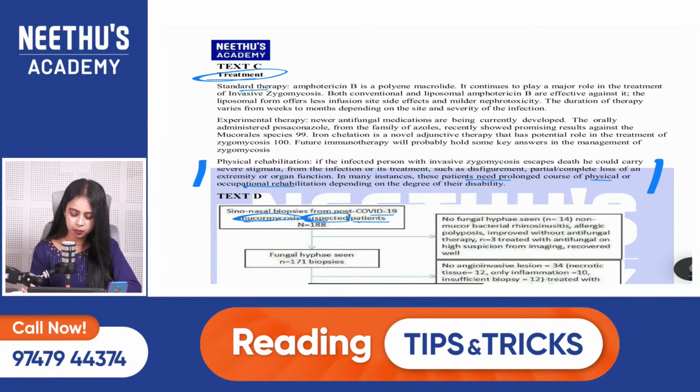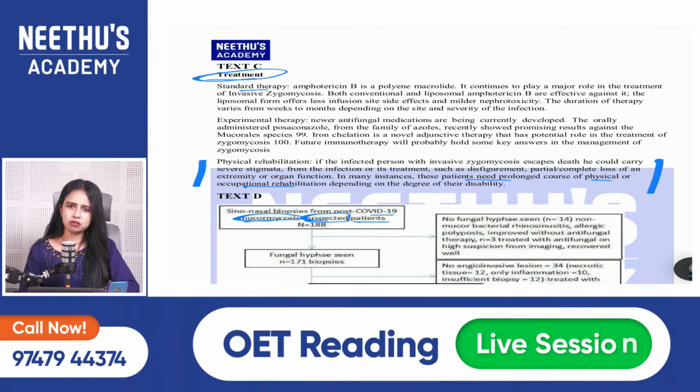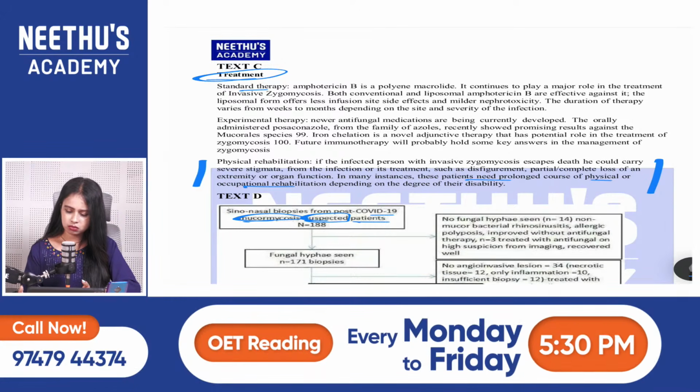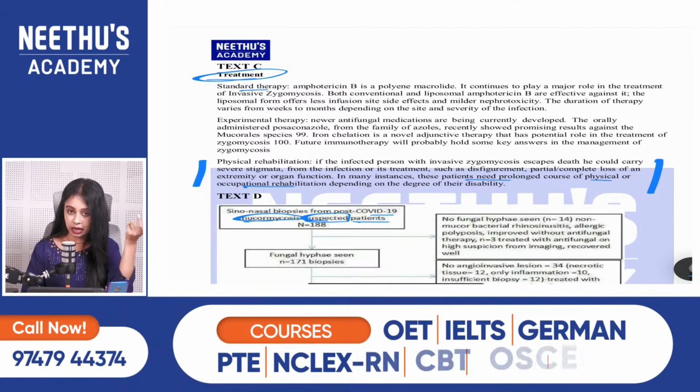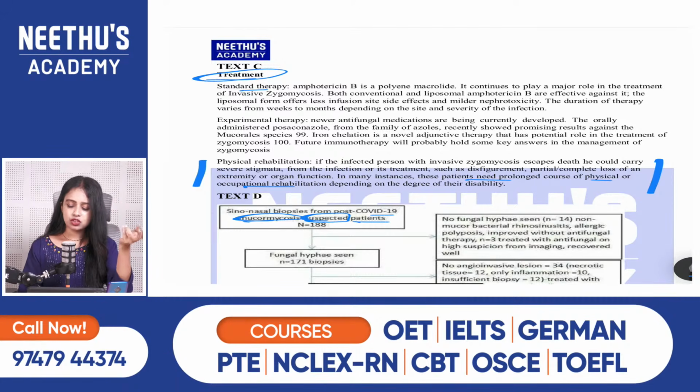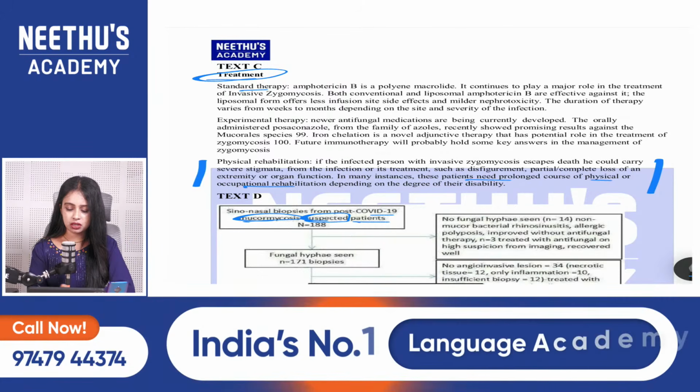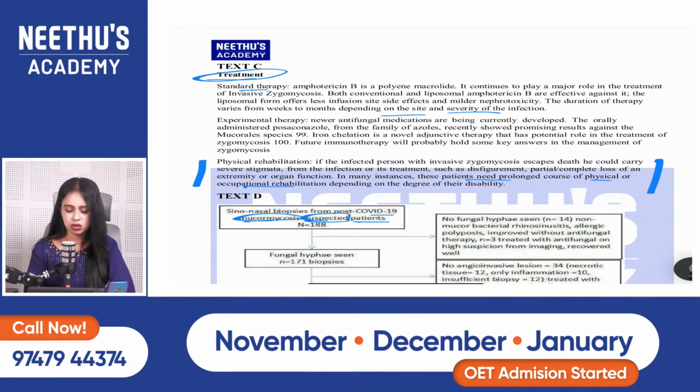And formidable means intimidating, necessary, alarming. So we can say, which is mentioned here, that therapy varies from weeks to months depending on the site and severity of the infection. So that's here in text C.